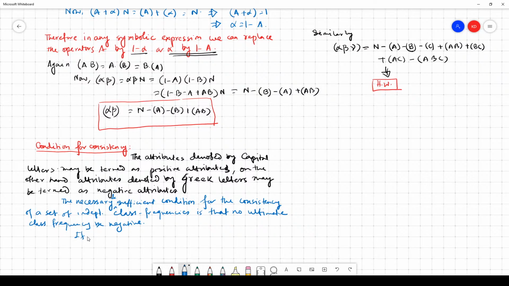If two attributes are noted, there are four ultimate frequencies, that is AB both present, A present B absent, A absent B present, both absent.